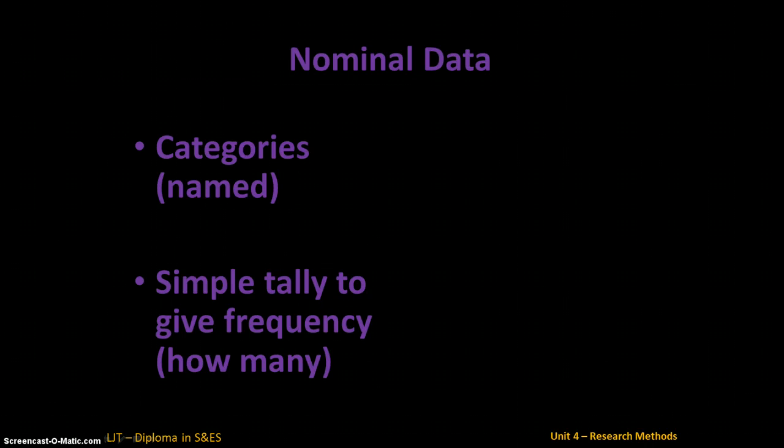So our second type of data, nominal data, there's a little bit of a clue in the name of this type of data. Nom is French for name, and this basically involves data that has named categories. You have a group of people, and they will be tallied or counted up into which category they fit into.